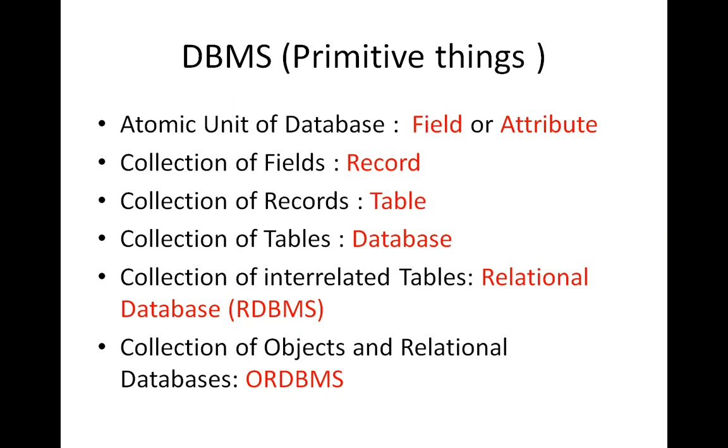When coming to images and some objects like that, that will also be supported here, like a collection of objects and relational data. That is called ORDBMS. Like Oracle, MySQL, MS SQL Server, DB2, all these things come under ORDBMS, right?